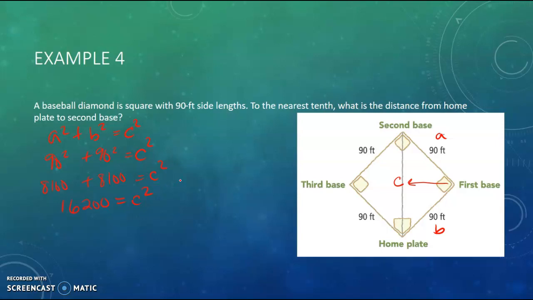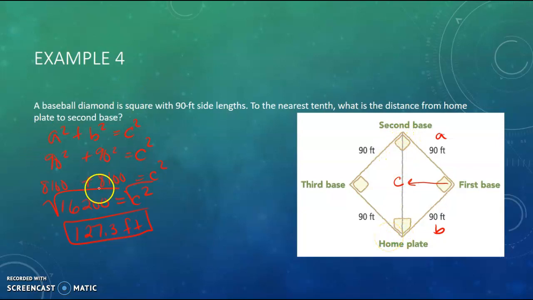And then the opposite of squaring something is to square root. So when I take the square root of 16,200, I end up with 127.3 feet. And so that is the approximate distance from second base to home plate.